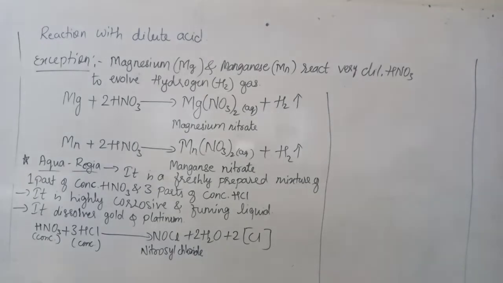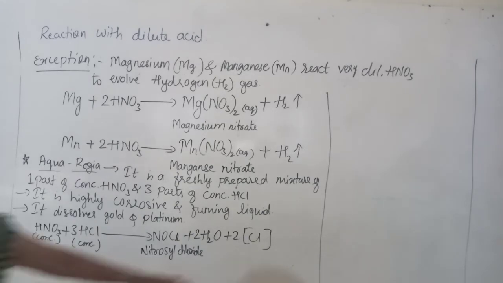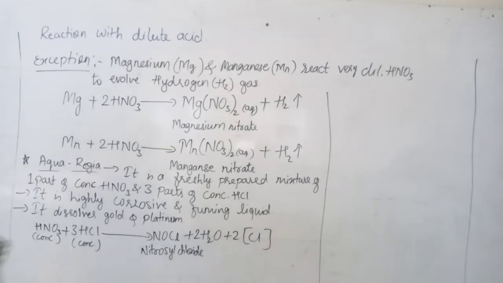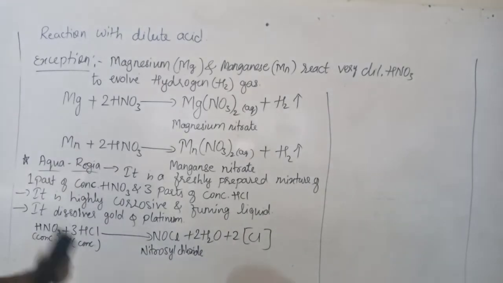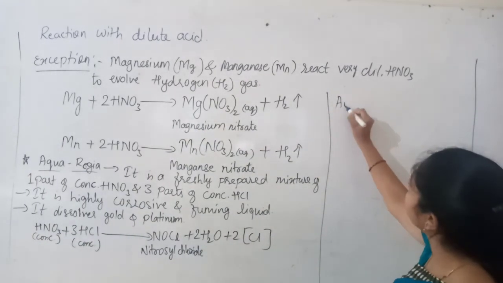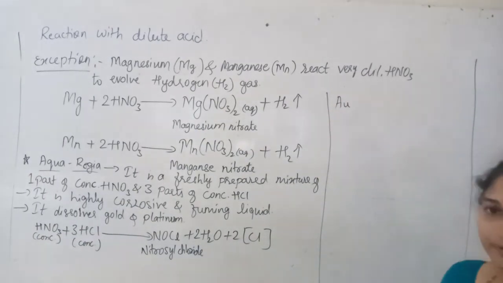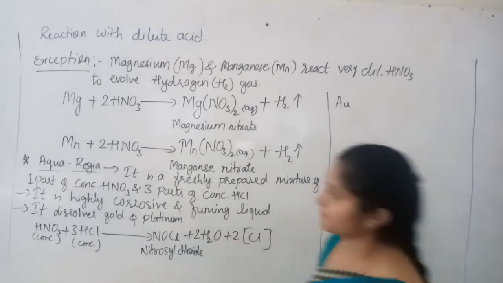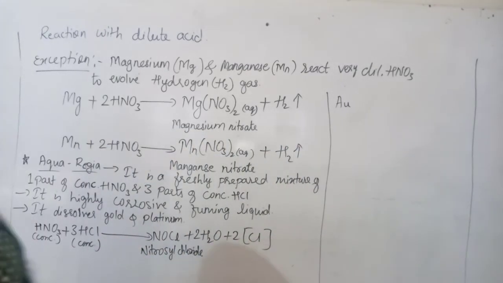Then how do gold and platinum react with this chlorine? That is what we call nascent chlorine. So the reaction is gold. How are we going to write it? The chemical symbol of gold is Au.